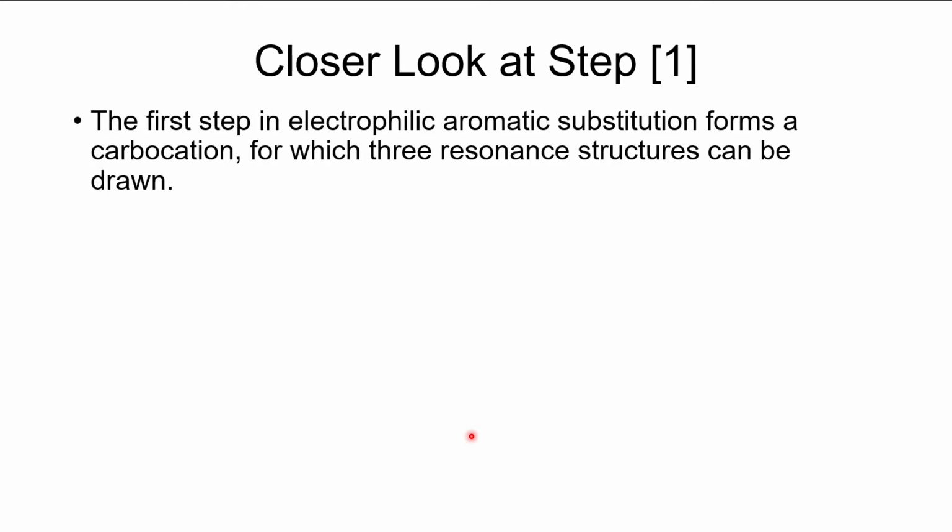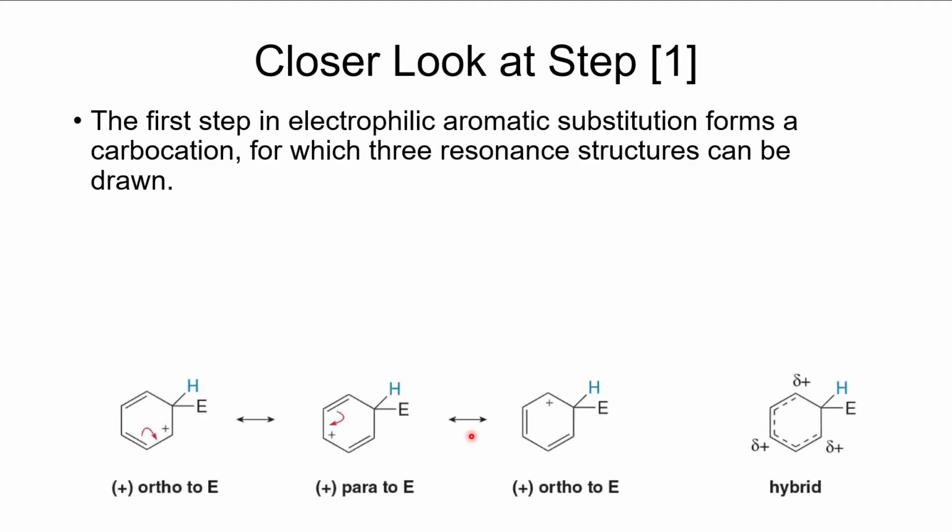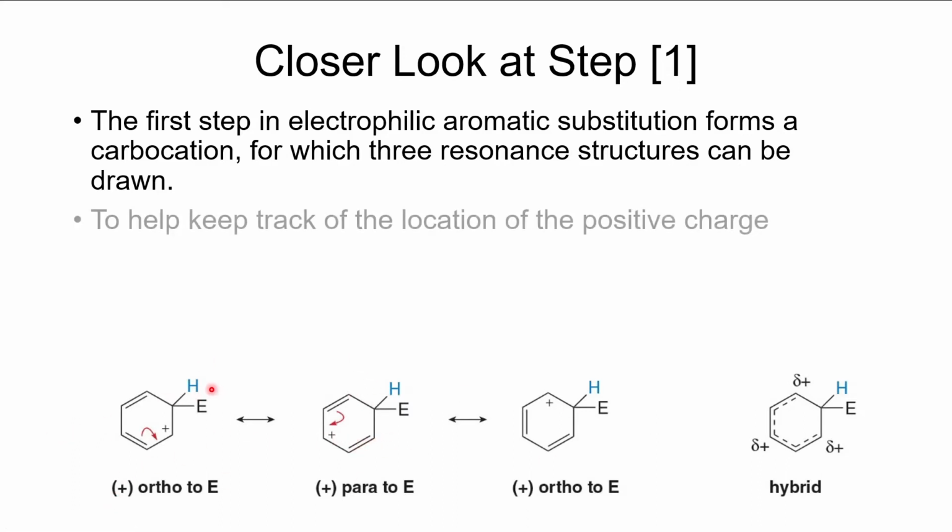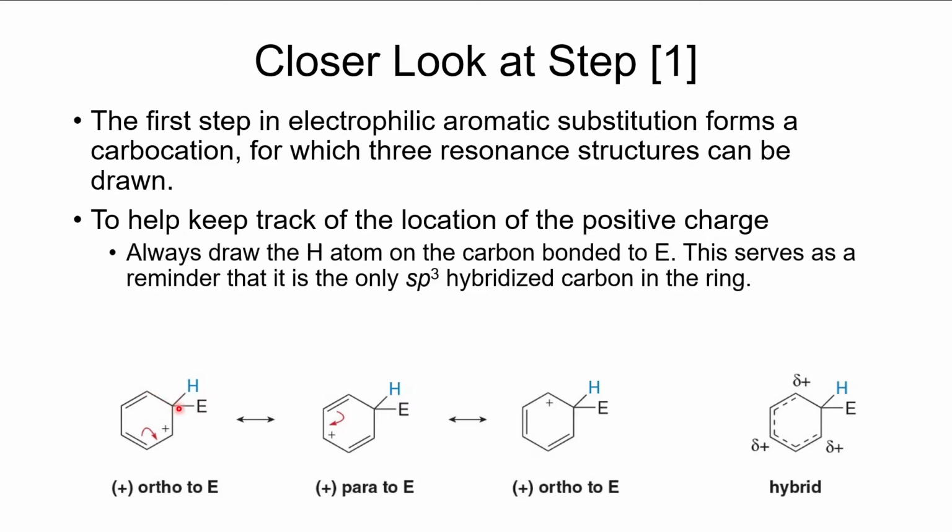In that first step, the electrophile reacts with the benzene ring, and to make sure that we understand what is going on, it's really helpful to keep track of where the positive charge is, and it's also helpful to draw the hydrogen where your electrophile is going to go. That'll remind you that that is an sp3 hybridized carbon, and that we can't draw any double bonds going to this carbon.